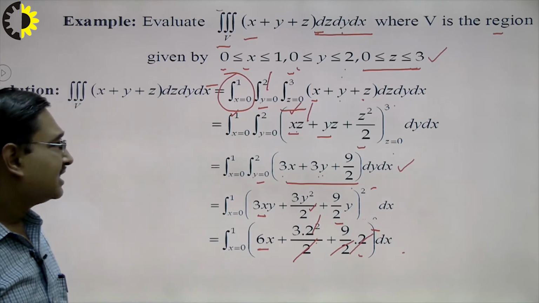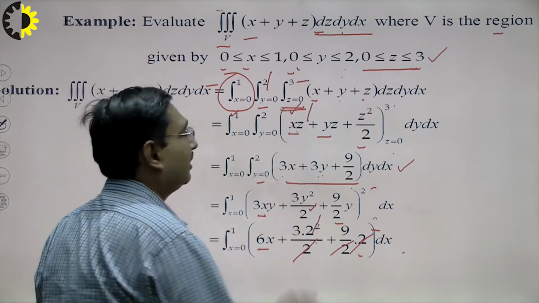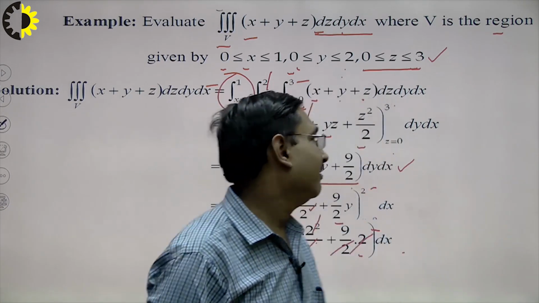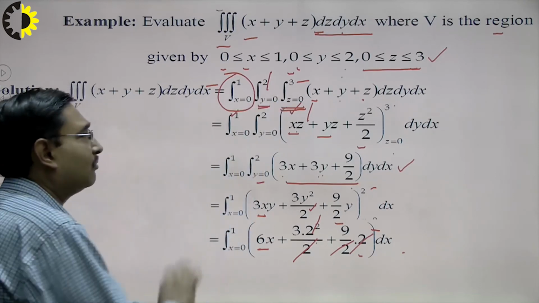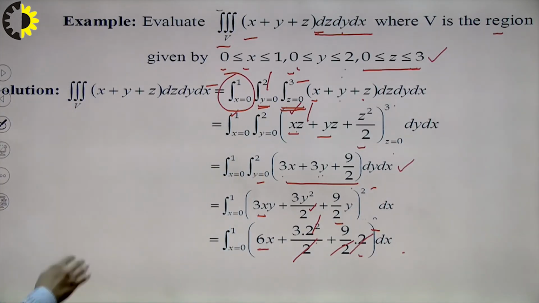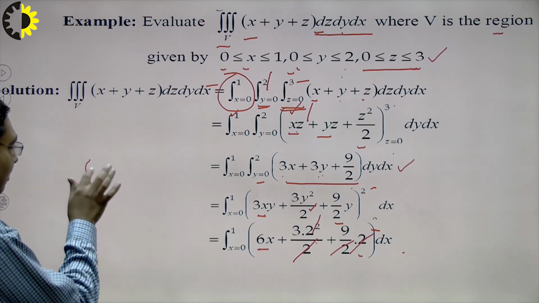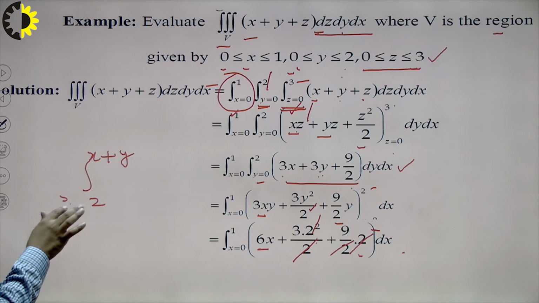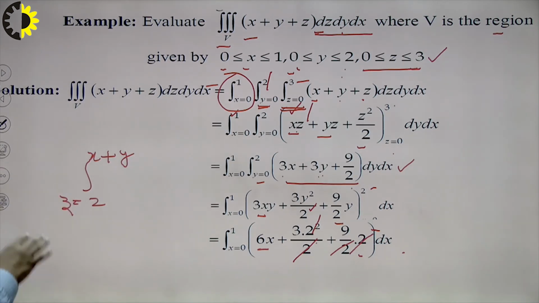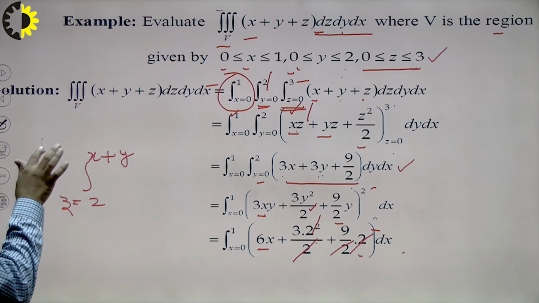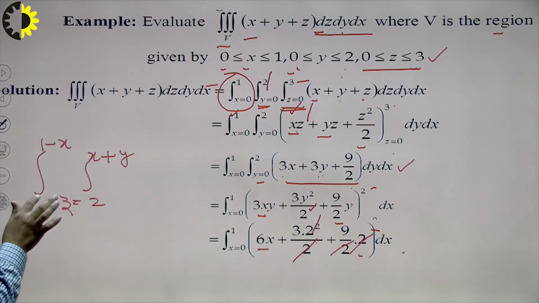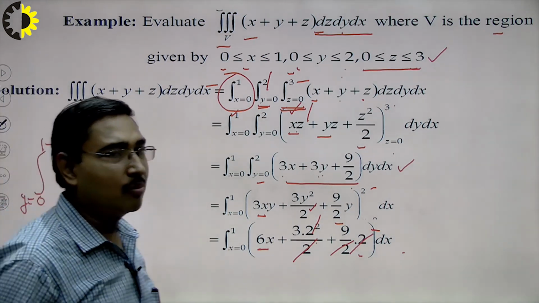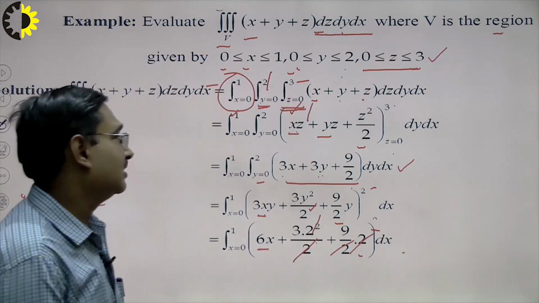The variable having the maximum number of variables in its limits will be written inside, and then the number of variables will keep on decreasing. Those limits which are in terms of x and y will be limits of z. Those limits which are in terms of x will be limits of y, and similarly if the role of variables is changed.